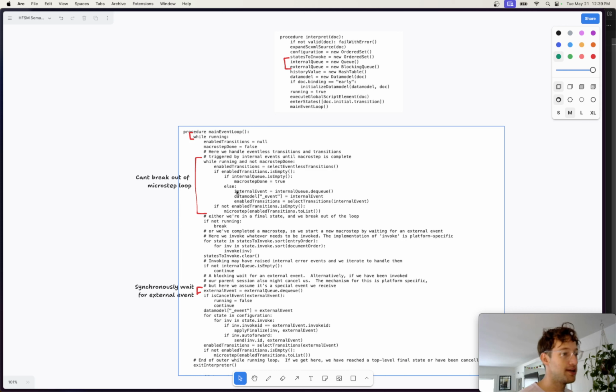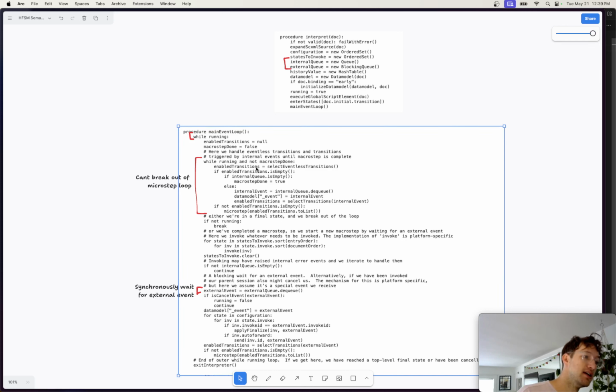So what's important here is there's nested while loops, and each type of transition or event that we might be processing is handled differently. It's in a separate queue, or it might not even be queued up in the case of immediate transitions.